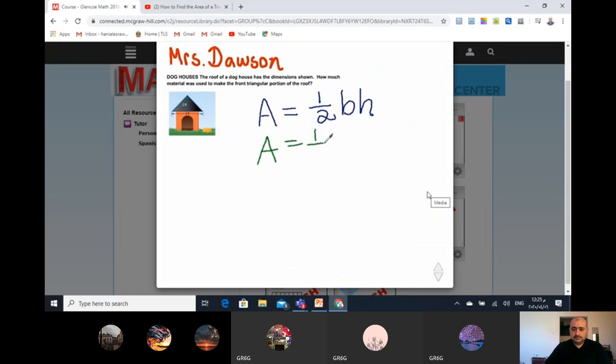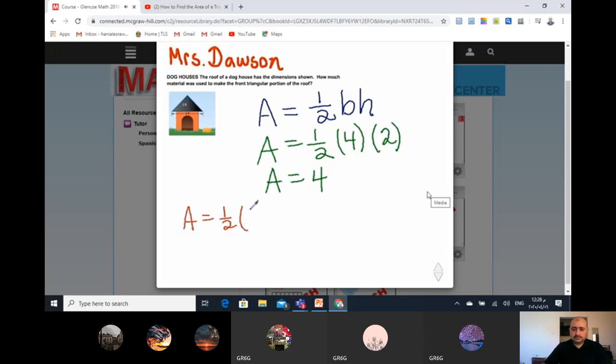This particular triangle has a base of 4 and a height of 2. If we multiply 1/2 of 4, which is 2, and multiply by 2, the area is 4.